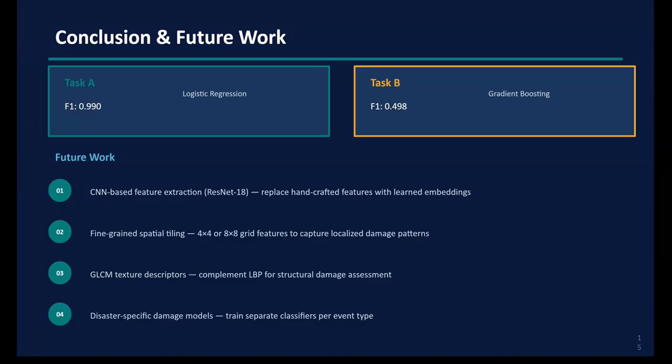This would capture the localized structural patterns that our features currently cannot capture. Another promising extension can include finer spatial tiling beyond our 2x2 quadrant experiments, and gray-level co-occurrence matrix texture features.